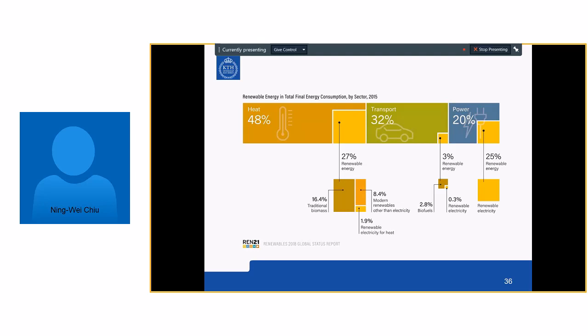This is mainly because most transportation relies on fossil fuel-based energy sources, like gasoline or fuel oil. This trend will change, especially now with plug-in hybrid electric or even pure electric vehicles. So this will slowly increase in share, although it will take some time, from my perspective.